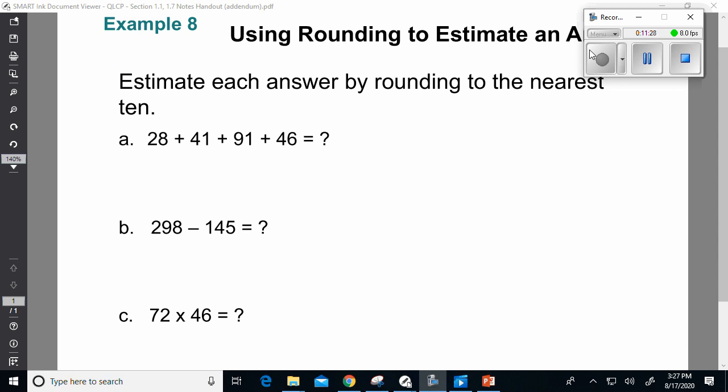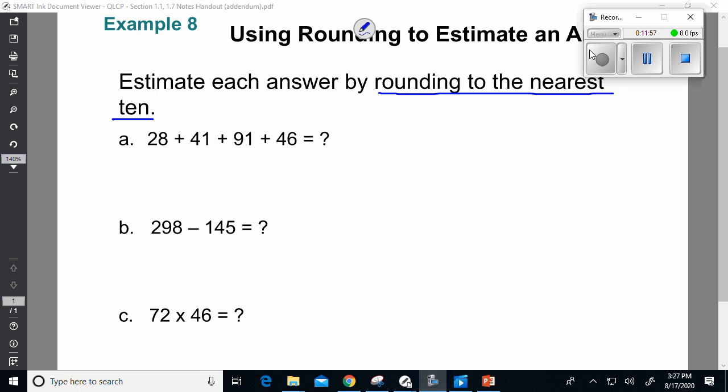Most of the time when we want to round, we're using it to estimate. They're telling us to estimate each answer by rounding to the nearest 10. So we round all the numbers to whatever place they want us to round it to, and then we perform whatever arithmetic we need to: adding, subtracting, multiplying, dividing.